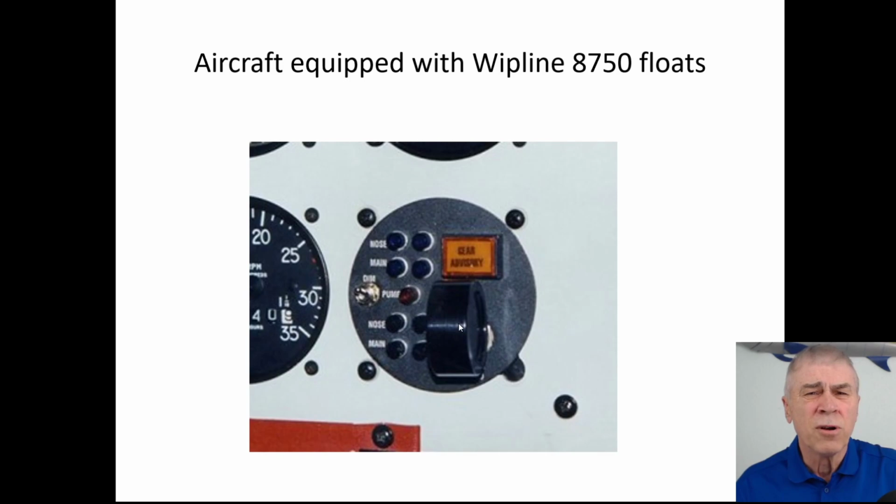Each one will, left nose locked, right nose, left main, right main. And you know that they're up and locked in the up position. Then you push it down, and you'll get the same indication on the bottom ones.